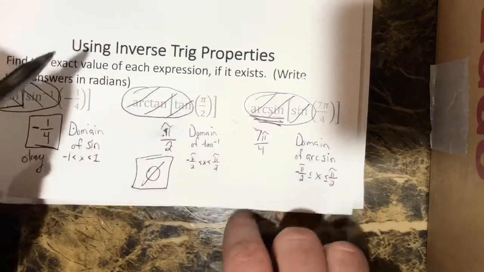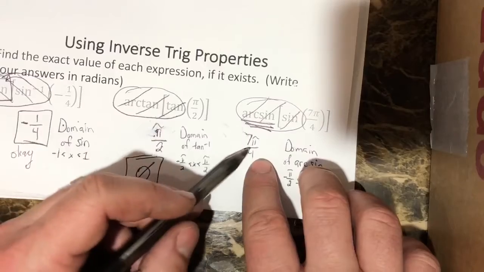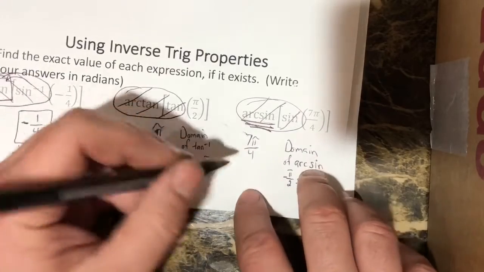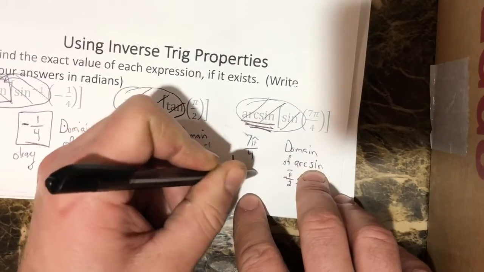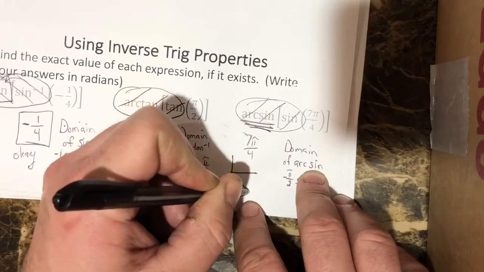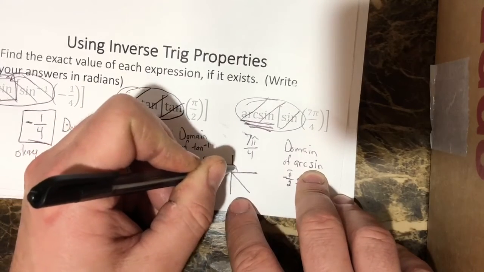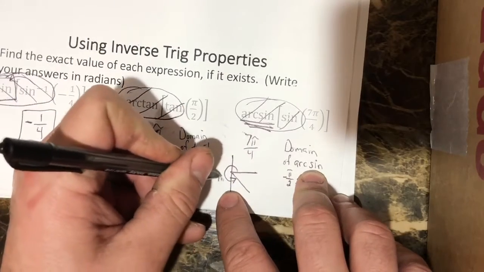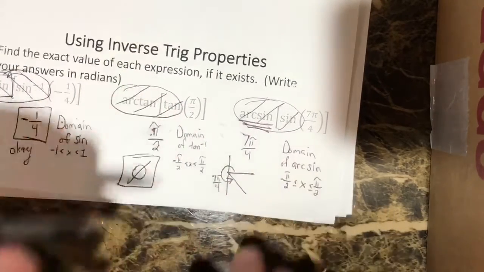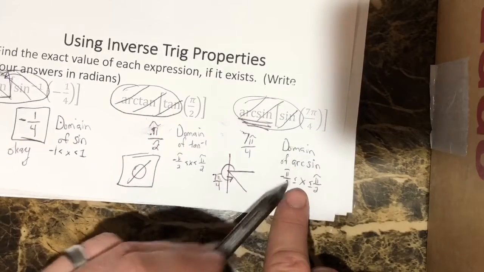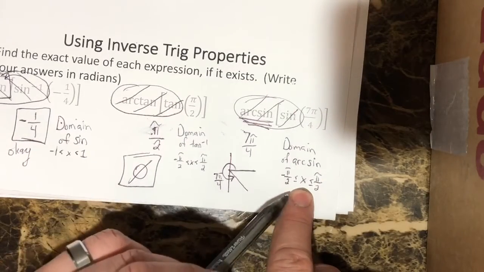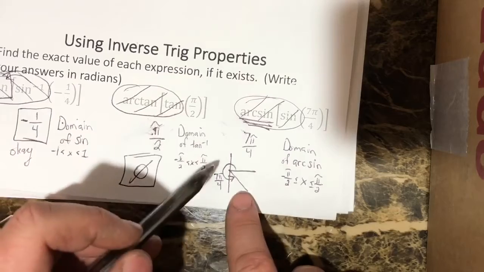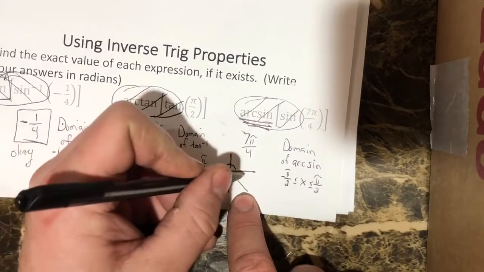What I mean by this is 7 pi over 4. That's almost 8 pi over 4, which is almost a full circle. So 7 pi over 4 is right down here. To get there, this right there would be 7 pi over 4. So you're in quadrant 4, which again, for arcsine, quadrant 4 is legitimate. You just need to figure out how can I get this angle in the domain.